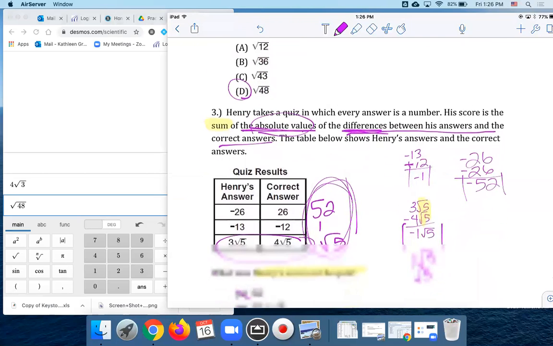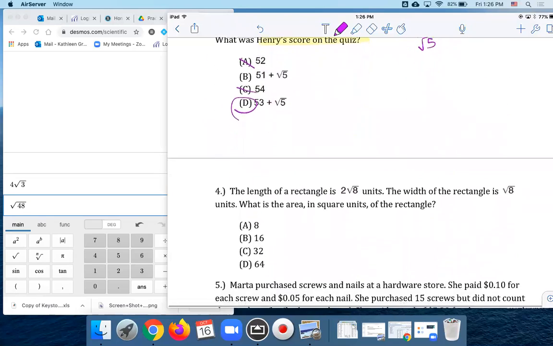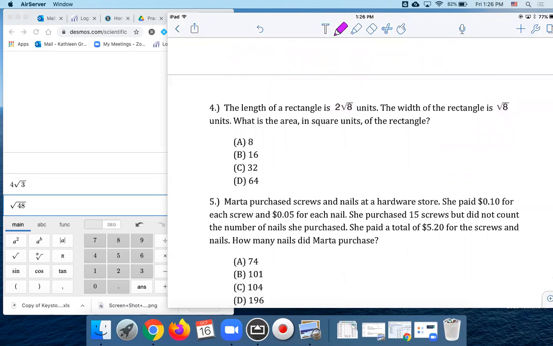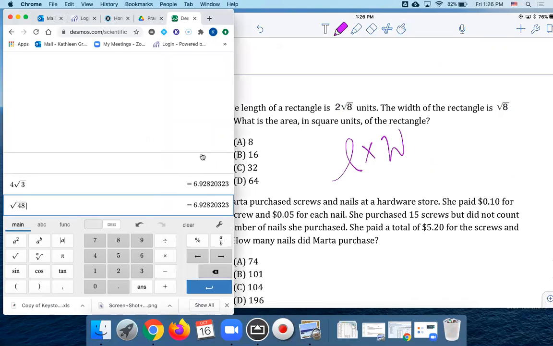Problem 3, we talked about in class together. So we're going to now take a look at number 4. So number 4, the length of a rectangle is 2 square root of 8 units. The width is square root 8 units. What is the area? So if you remember, area is length times width. So we are going to take our calculator again, and let me clear this.